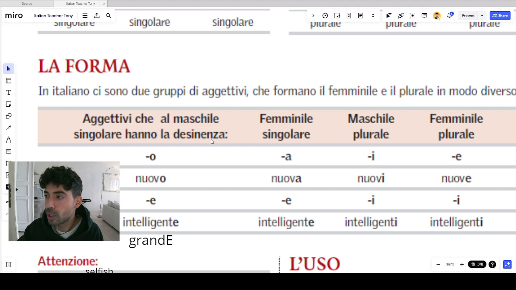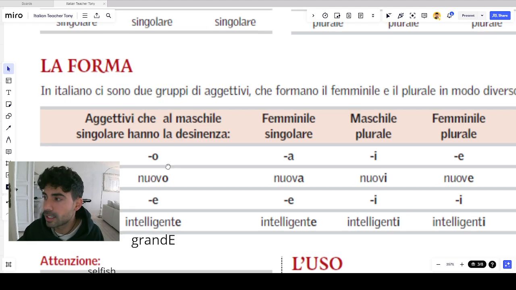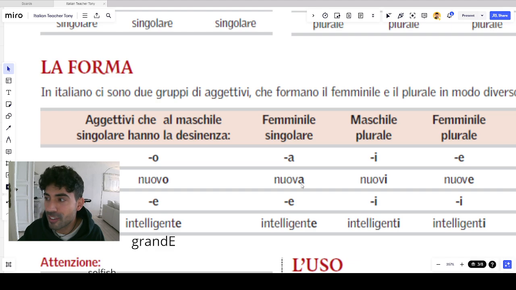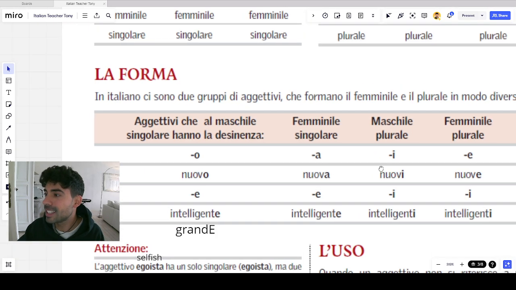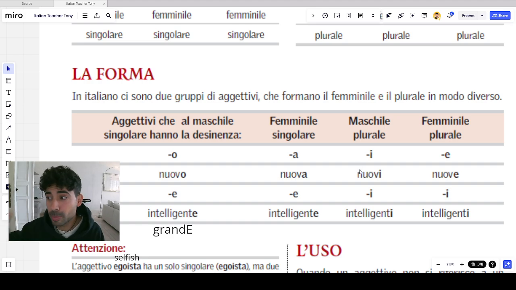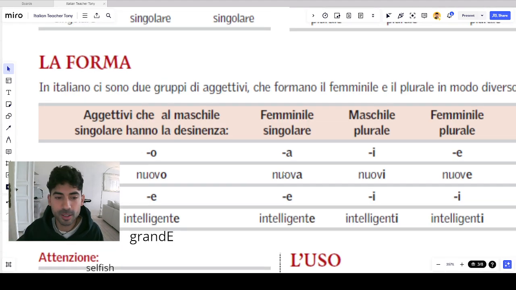For example, nuovo, masculine singular, will be nuova with an A, feminine singular, nuovi, masculine plural, nuove, feminine plural. These endings work 100% on all the adjectives that have an O at the masculine singular.